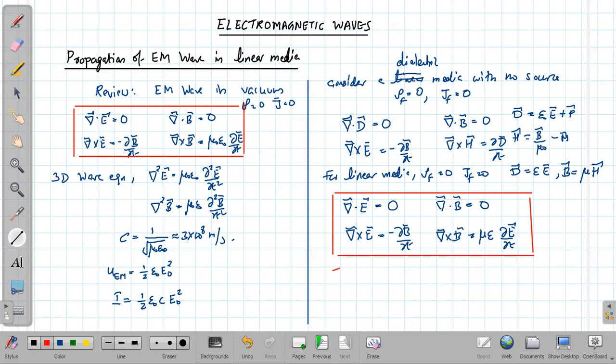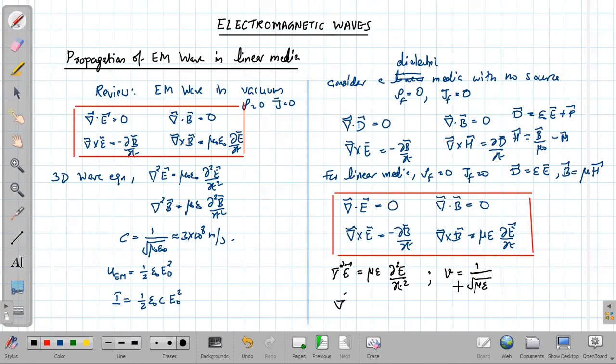So the three-dimensional wave equation would be del square E equal mu epsilon dou square E by dou T square, and therefore the speed of the electromagnetic wave would be 1 by root mu epsilon. So the speed of the electromagnetic wave in linear media would be simply 1 by root mu epsilon.